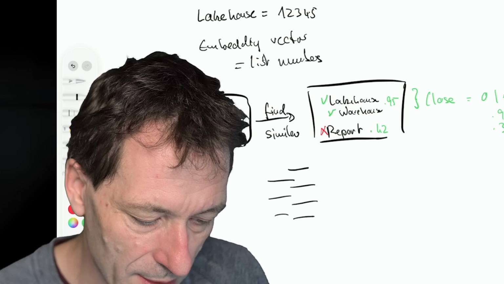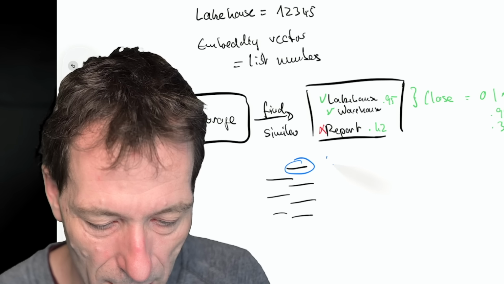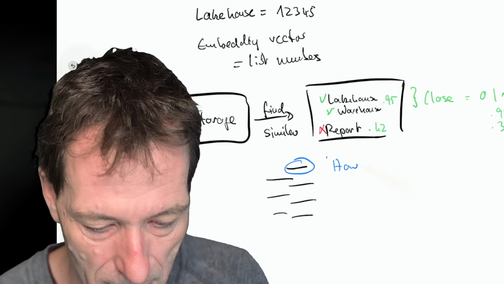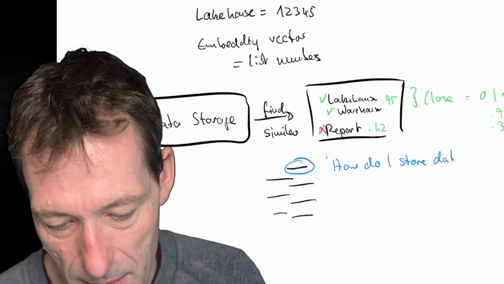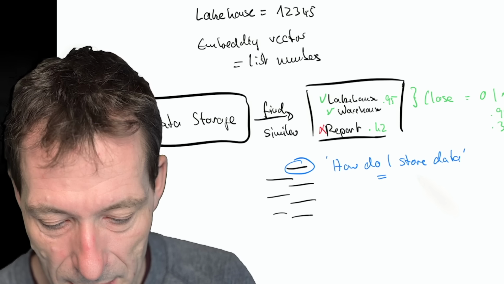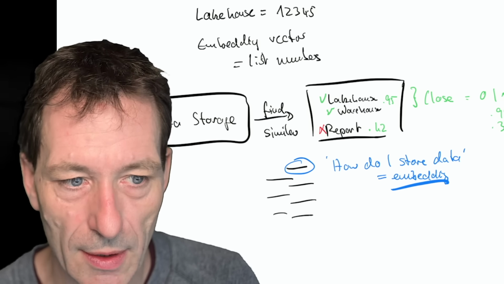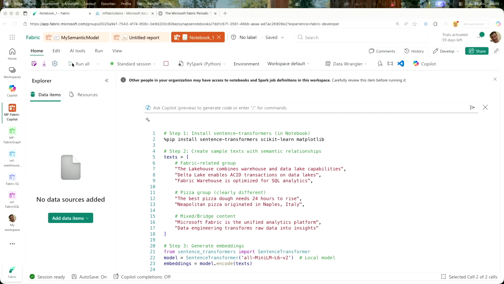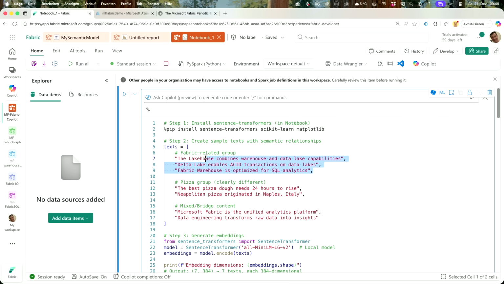So when you ask something, let's say this is a question: how do I store data? Your question also becomes an embedding. And that's the key. Let's have a practical look at that. I've created a short, simple Python notebook in Microsoft Fabric with these 7 texts.